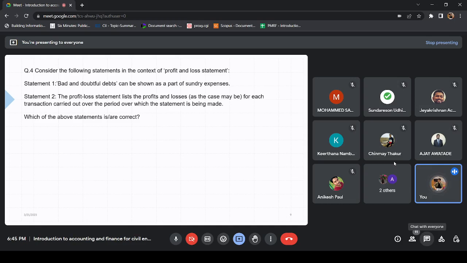Second, the profit and loss statement lists the profit and losses for each transaction carried out over the period over which the statement is being made. Profit and loss statement, income statement. Statement 2, any comments? It shows only the overall profit or loss and not for each transaction.